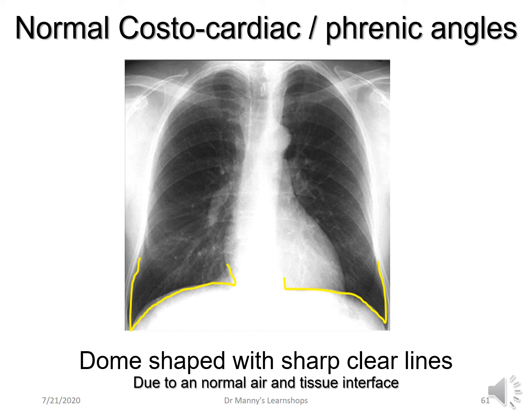Costo-phrenic on the right is air, lungs, interface with liver. And on the left side, air interface with other organs, typically the stomach, the bowel, the spleen. When it comes to the costo-cardiac angles here, this is air, lungs, and heart. Normal air tissue interface.